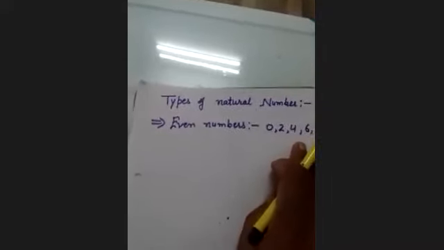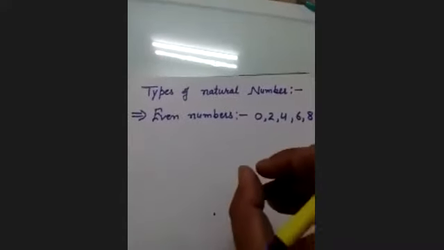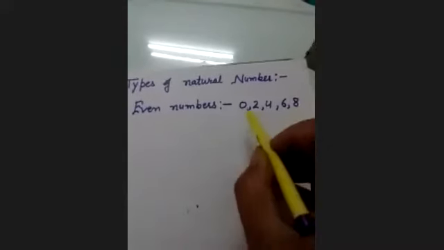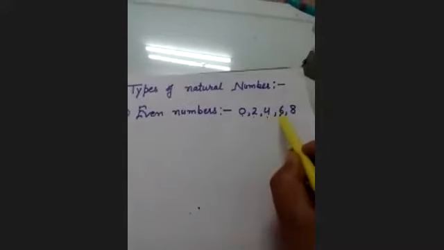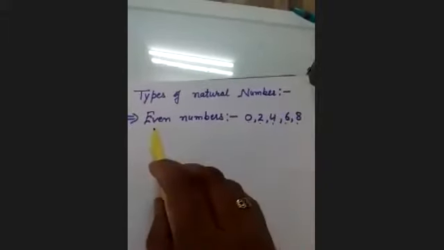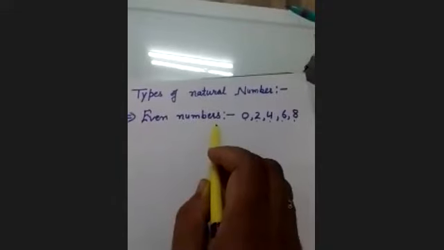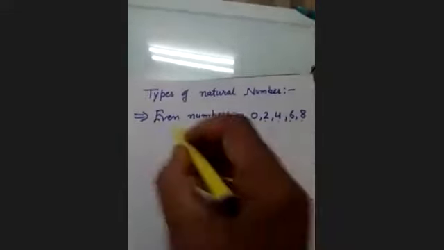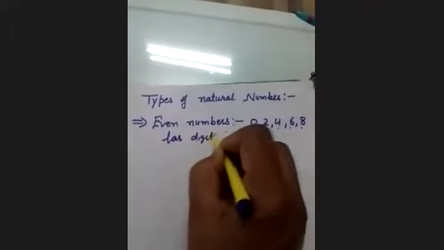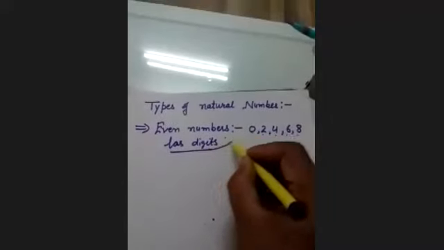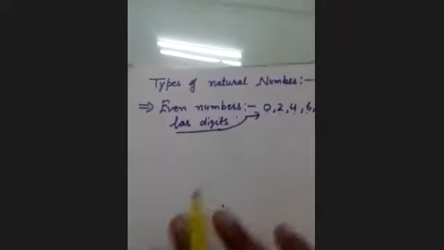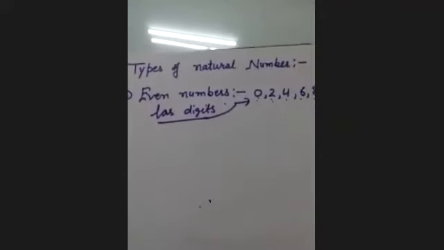In other words, if the last digit of any number is 0, 2, 4, 6 or 8, then our number is an even number.